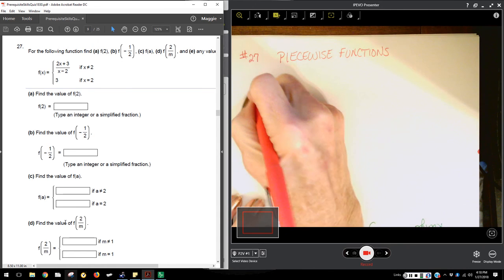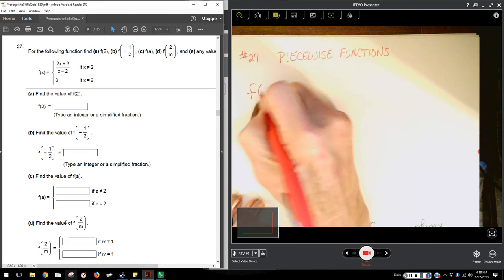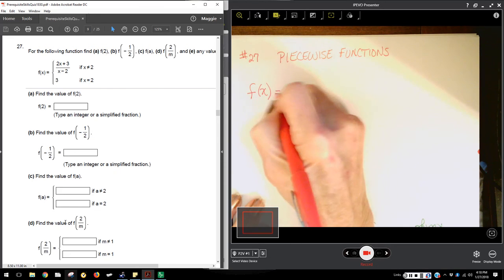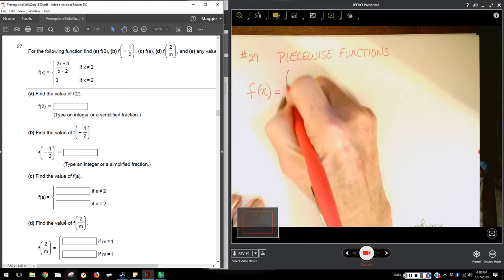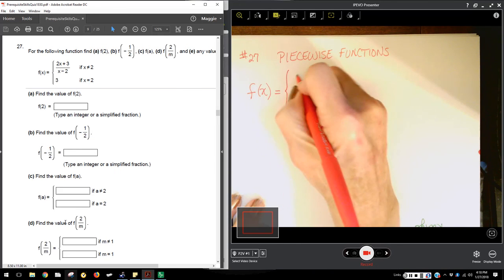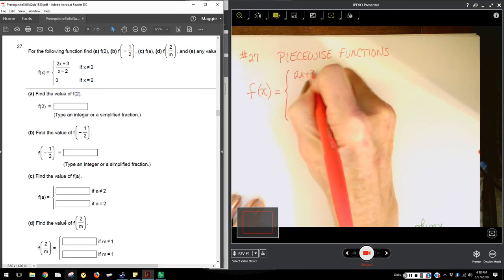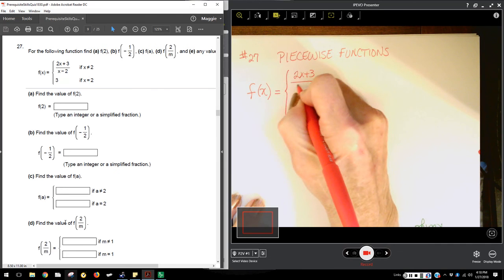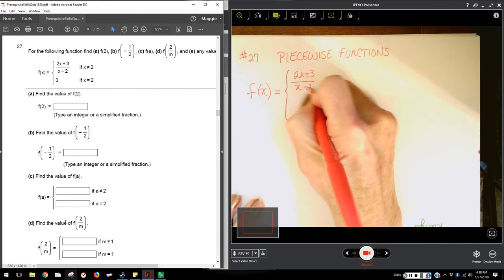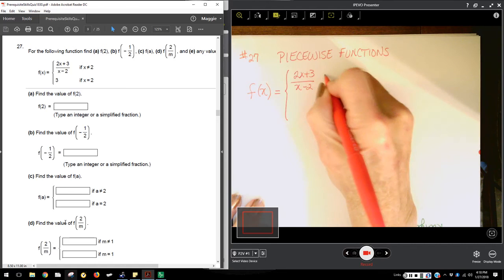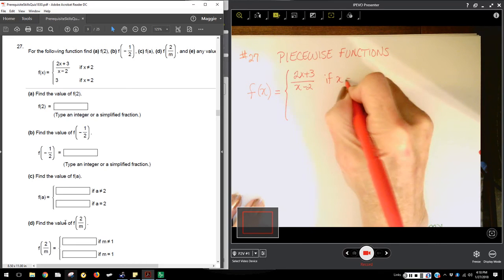So the piecewise function we're looking at here is f of x is equal to, in brackets, 2x plus 3 over x minus 2, as long as x is not equal to 2.